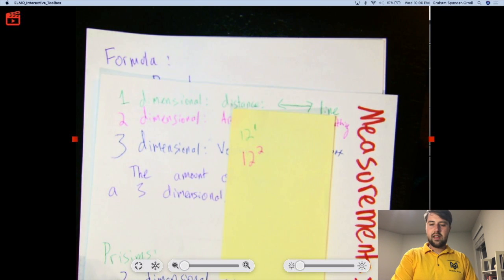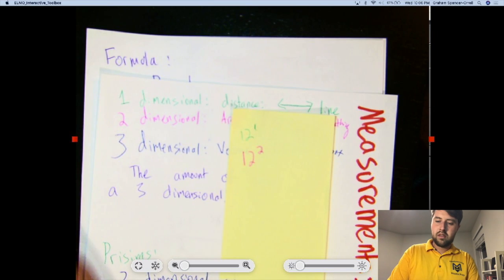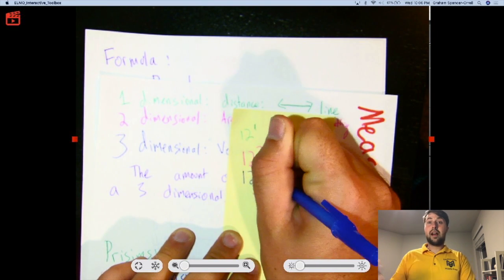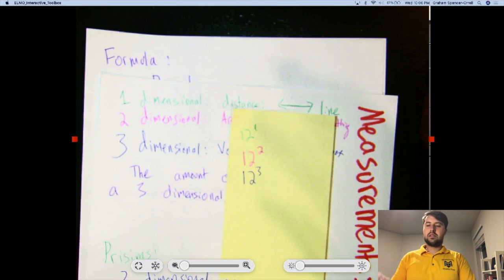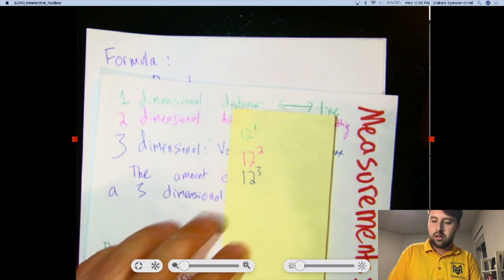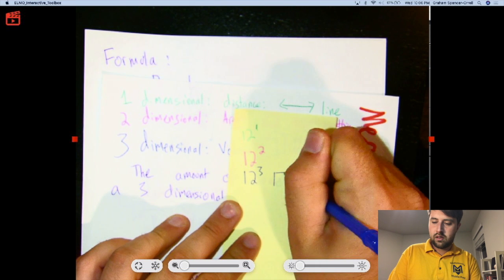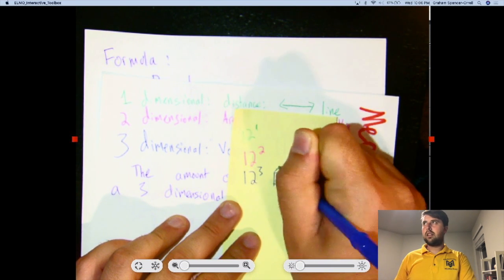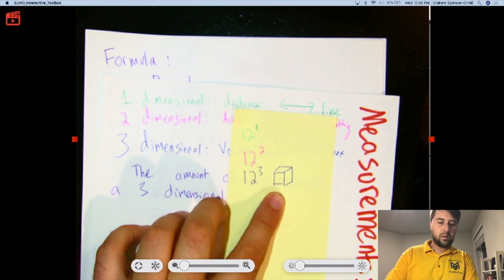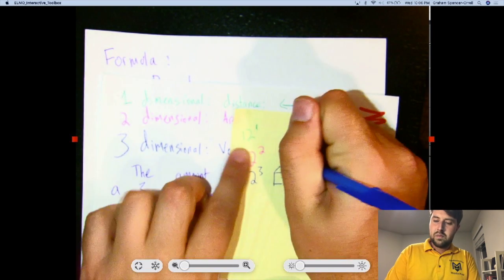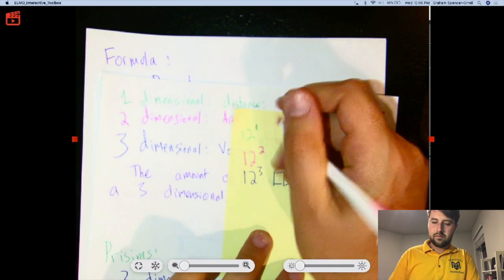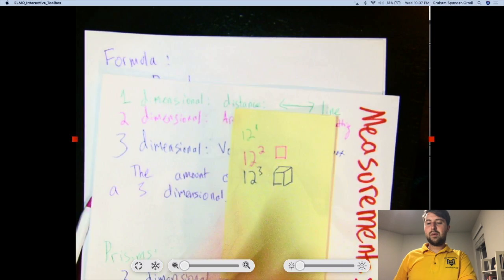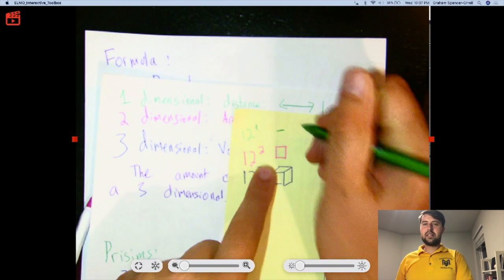So when we're in the 3rd dimension doing volume, we're going to have it be to the 3rd power, or cubed. Now you see that cubed is a 3-dimensional shape, as opposed to squared, which would be a square, whereas the first dimension is just a line. So that's why we have the 2 that makes a square and 3 that makes a cube.